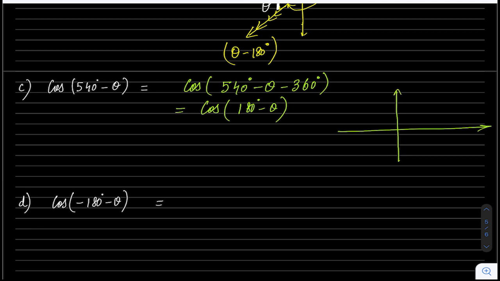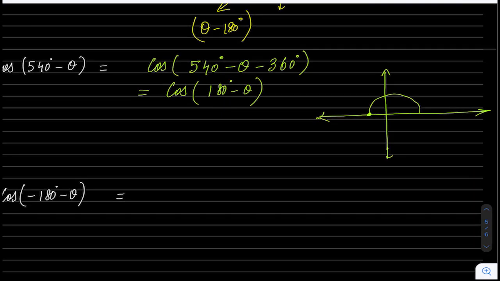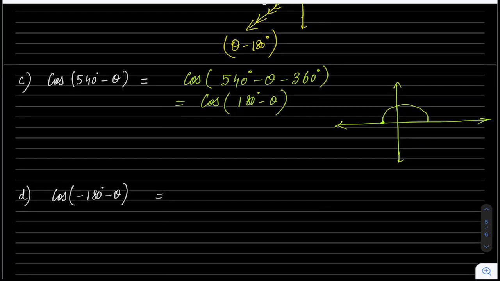Okay, 180 minus theta. So this is my 180 degree angle. Now if you subtract theta from this, and theta, remember, is an acute angle, you will be in the second quadrant. So this is my 180 degrees minus theta, and we are subtracting theta.